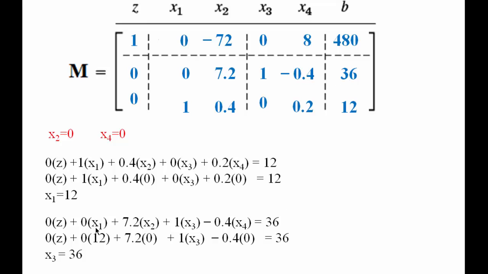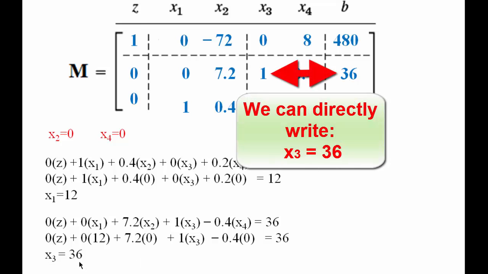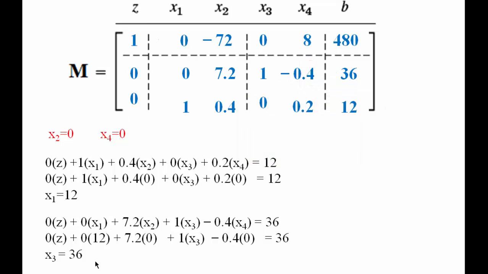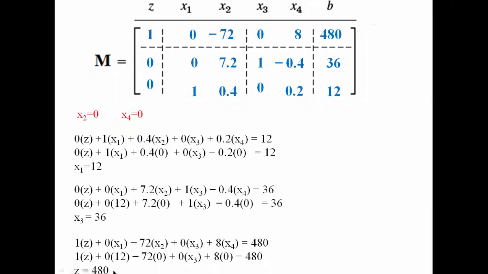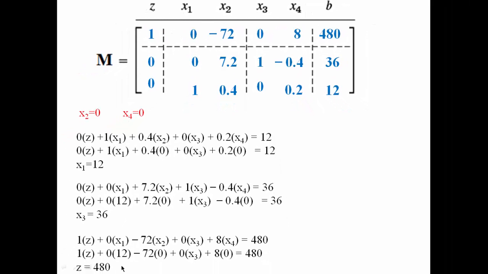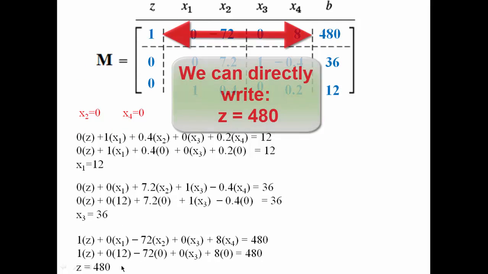Now we have x1 is 12, x2 is 0, we don't have x3, we have x4 also 0. And by solving we get x3 equals 36. Now we're going to apply the same to the first row, and we get this answer, z equals 480.